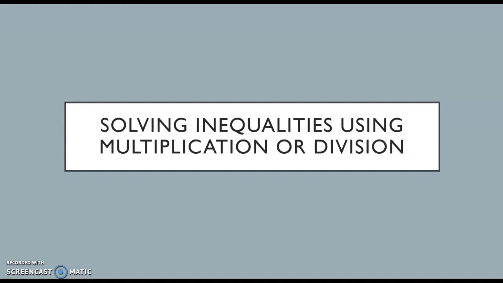Now, before I start on examples, I do want to talk about a special rule, and that's when we multiply or divide by a negative. So when we multiply or divide by a negative, we have to flip the inequality symbol.